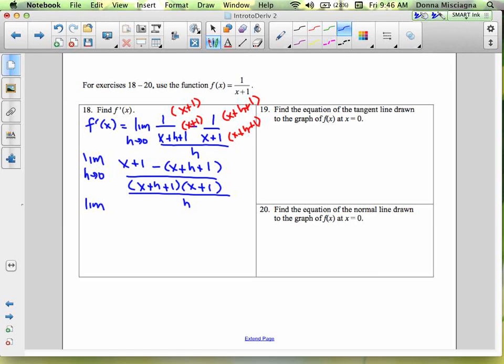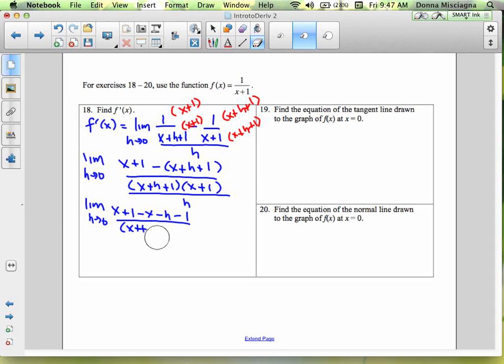All right, let's distribute the negative. So we have the limit as h approaches 0 of x plus 1 minus x minus h minus 1 divided by x plus h plus 1 times x plus 1. Right, and then we'll be able to cancel out some things.